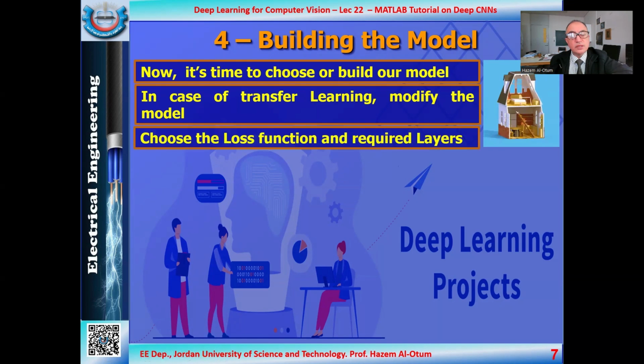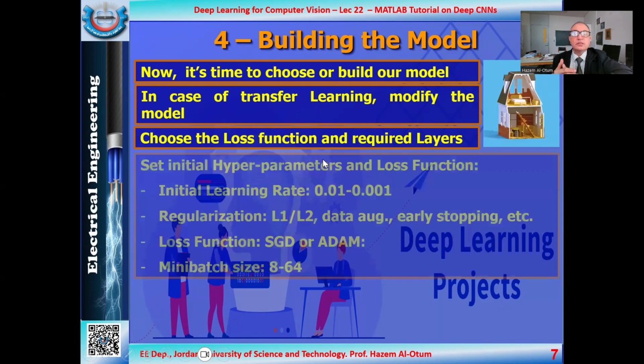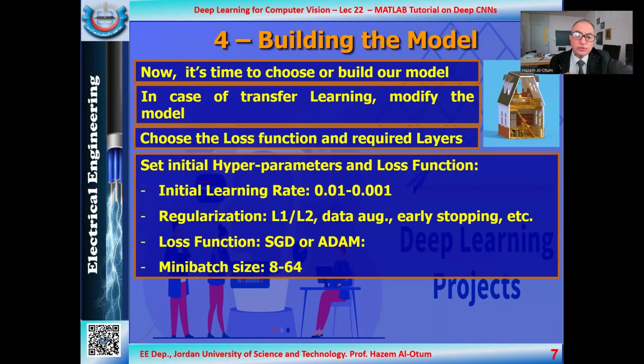Now we can choose our parameters, like the loss function and other things. Here I have some recommendations for the hyperparameters. Mainly, you need to pick the initial learning rate, sometimes between 0.01 and 0.001. You can choose the regularization method to regularize the output by back propagation, such as L1 or L2 regularization.